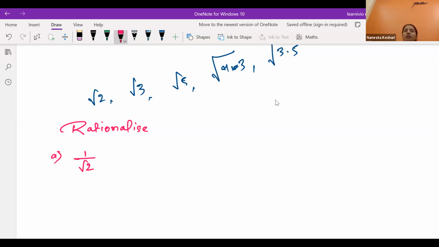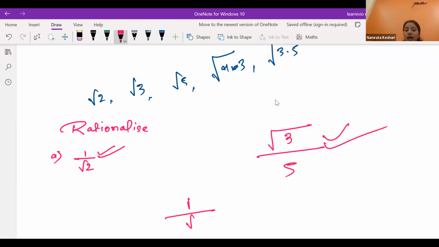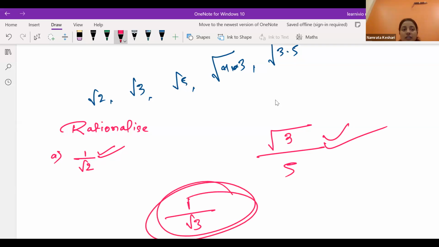Throughout the world, in IGCSE, in IB, in all curricula, in the UK, in the US, we don't leave a square root number in the denominator. If the numerator has a square root, that is okay, but if the denominator has a square root, they try removing the root from the denominator. That is the general way of writing the number.